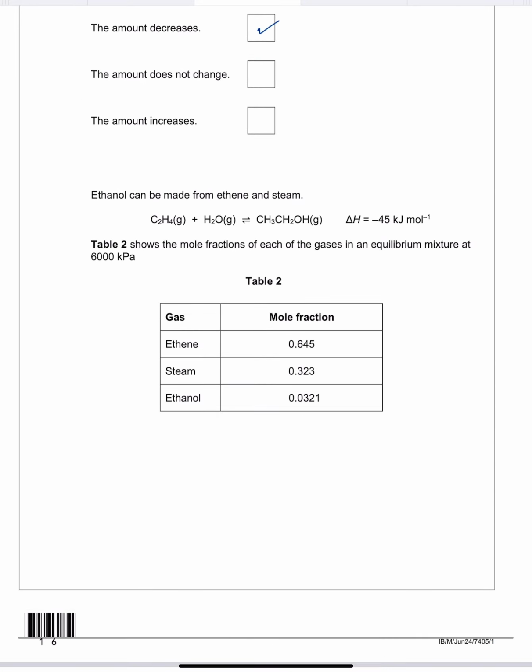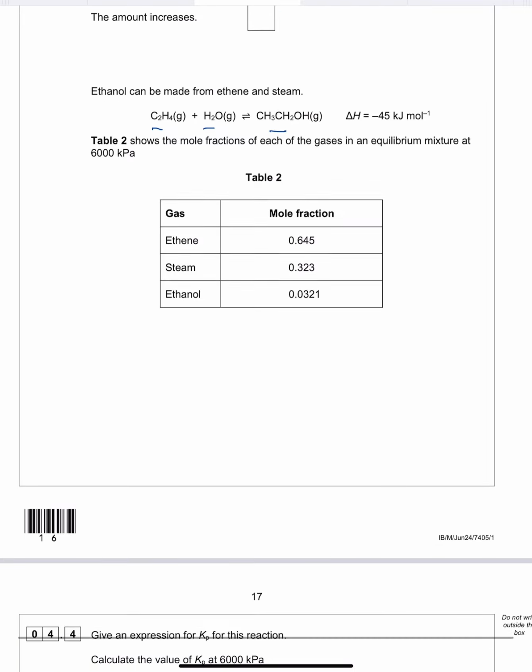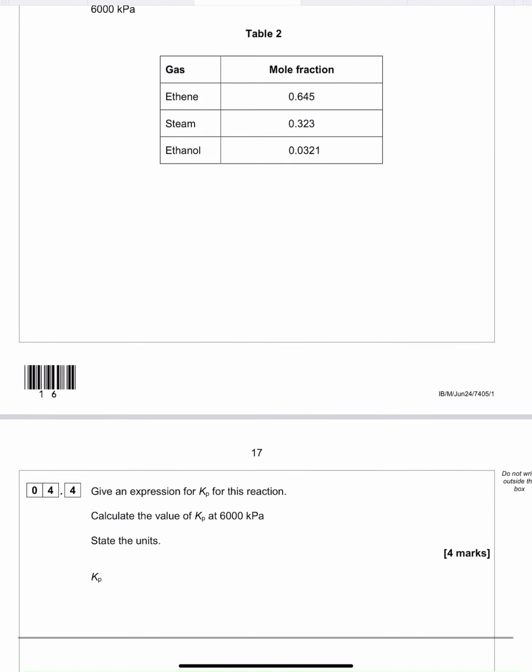Then they ask you now to calculate the Kp for another reaction where ethene reacts with steam to give ethanol. They give you the mole fractions of all of the reactants and products at equilibrium, and also the total pressure, which is 600 kPa.